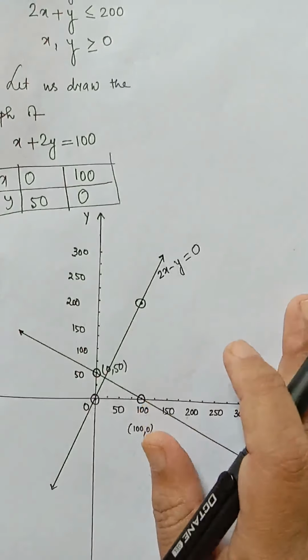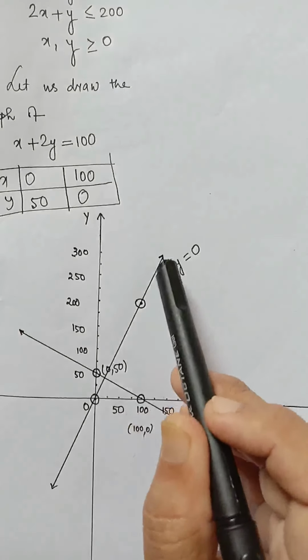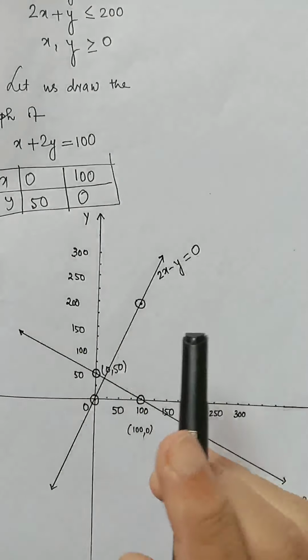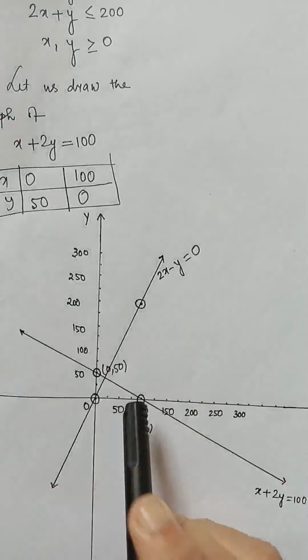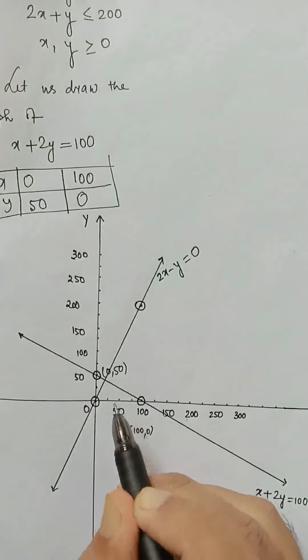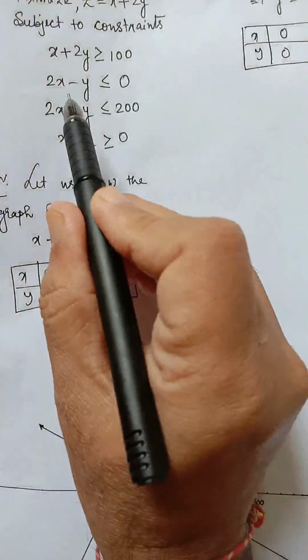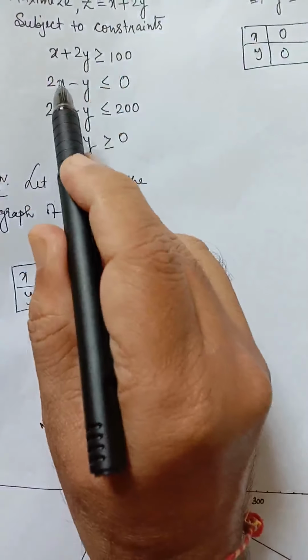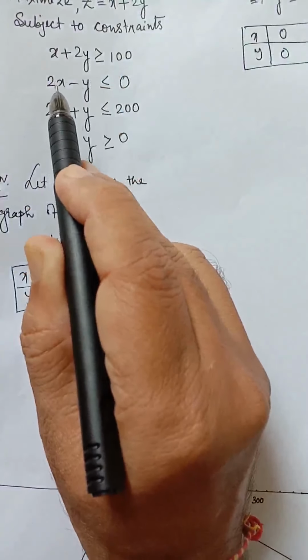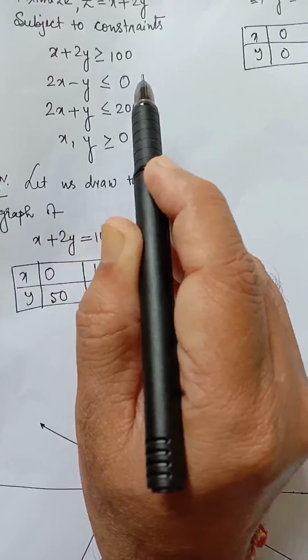Okay, now as this line passes through the origin, we'll take some other point, any point other than (0, 0). Let us take the point (50, 0). If we put x equal to 50 and y equal to 0 in the second inequation, we get 100 less than 0, which is not true.